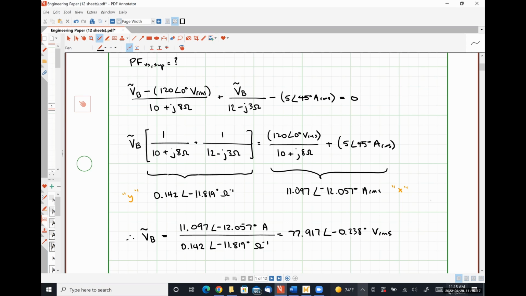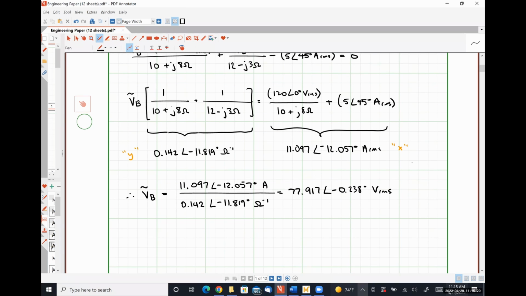Well, the complex power absorbed by element B, by definition, is the voltage drop across B multiplied by the complex conjugate of the current flowing through B. We're not going to actually bother determining this current because we determined those alternative relationships at the end of last class, right? So we can express this purely in terms of our voltage.